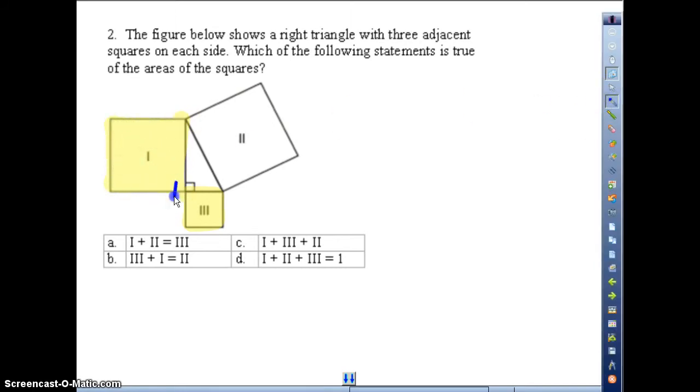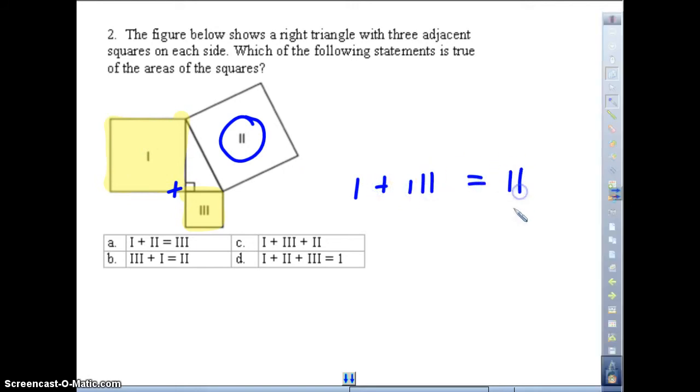Yep, these two added together should give you the area of the big square. So looking at this, they labeled this 1 plus 3 equals 2. Which one of those are you going to pick? 1 plus 3 equals 2. Did you get it? Okay, check your answer bank.